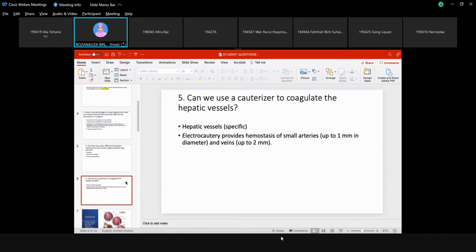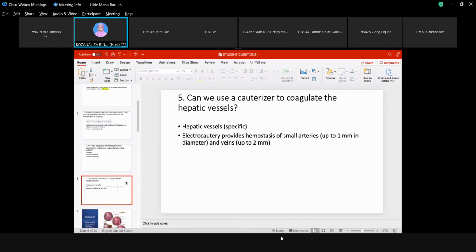So as a rule of thumb, a cauterizer can provide hemostasis. This is discussed in the 3702 hemostasis lecture: small arteries of 1 millimeter in diameter and veins of 2 millimeters.